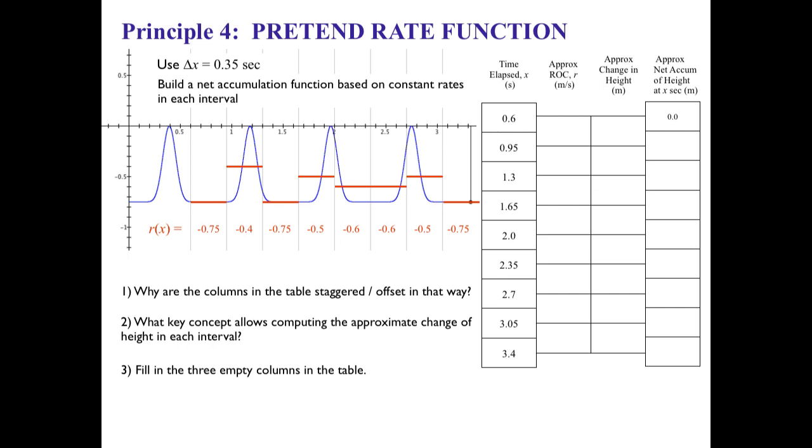So column 2, we already did it. Why does it make sense that column 2 is staggered with column 1? Yeah, so it's a rate of change for a whole bunch of x values, right?